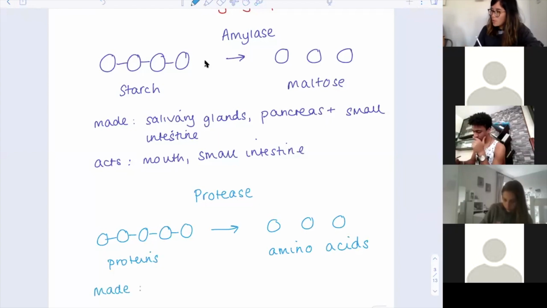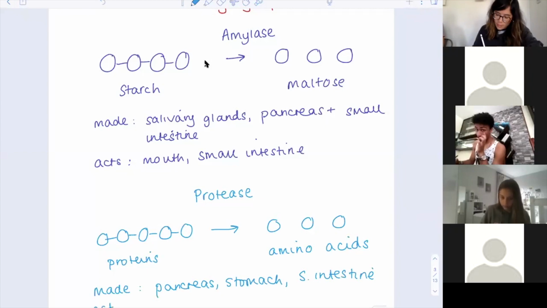In terms of where the protease is made, it's made in the pancreas, stomach, and small intestine. And it acts within the stomach and the small intestine.